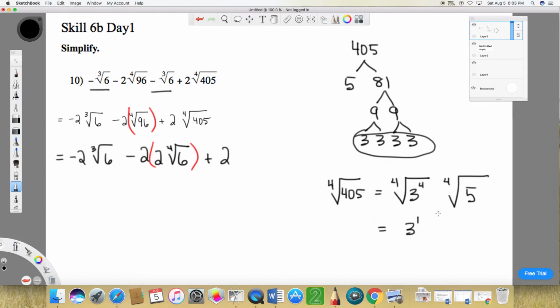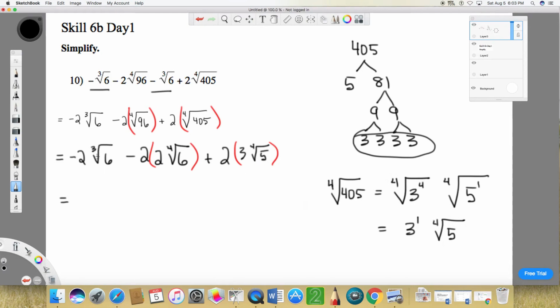That's why we grouped them in size of 4. And since we had just a single factor of 5, we can't simplify that. So we can come over here and say that this fourth root of 405 can be rewritten as 3 times the fourth root of 5.